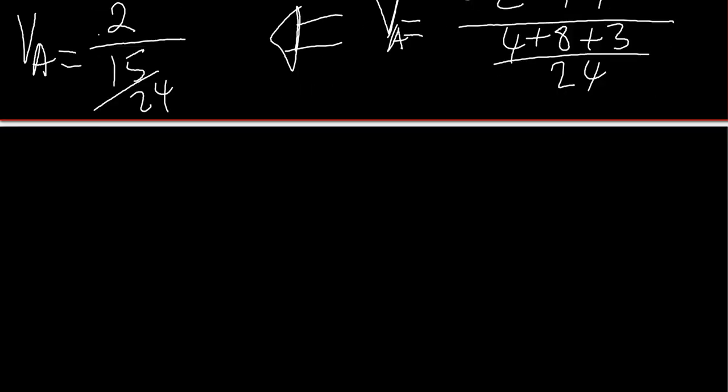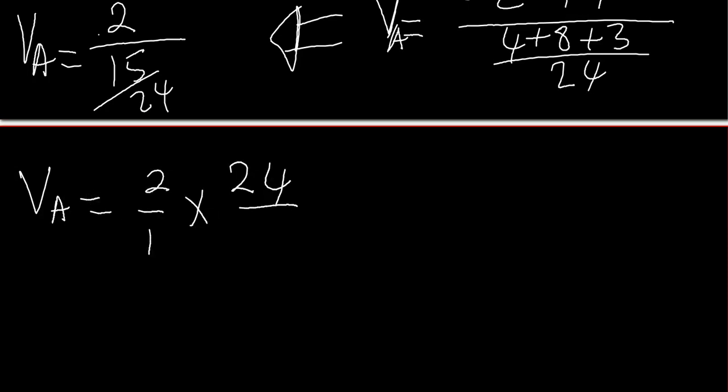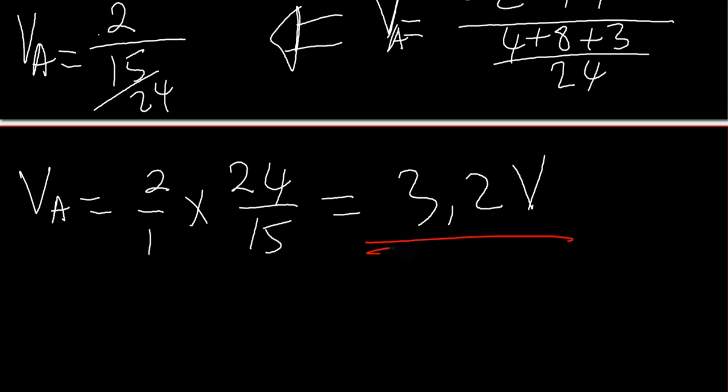So when you perform that operation, we are going to have VA equal to 2 on 1 multiplied by the reverse, 24 on 15. And when you perform this operation, we obtain VA equal to 3.2 volts.